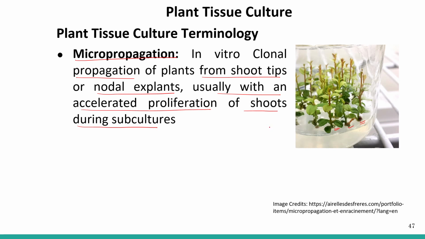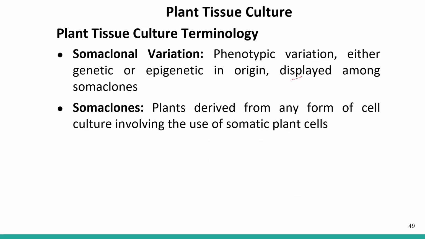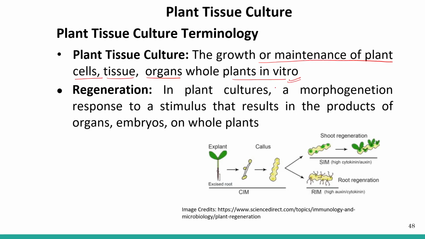We get a clone, and lots of plantlets come out from this. So this is micropropagation. Plant tissue culture: the growth or maintenance of plant cells, tissues, organs, or whole plants in vitro, that is, in the laboratory. That is the plant tissue culture technique.